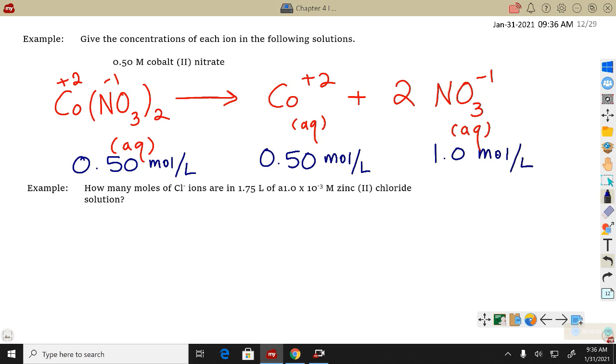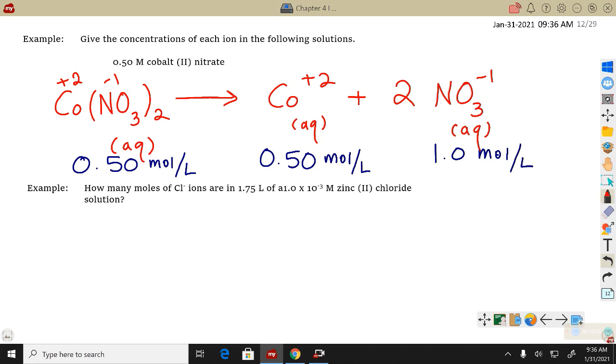Now here's maybe a way that I could use that. How many moles of chlorine ions are in 1.75 liters of a 1 times 10 to the negative third molar zinc 2 chloride solution? Okay, so I want to know how many moles of chlorine ions are in this solution. Okay, well, let's see what we got here.